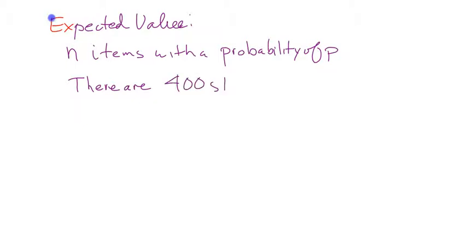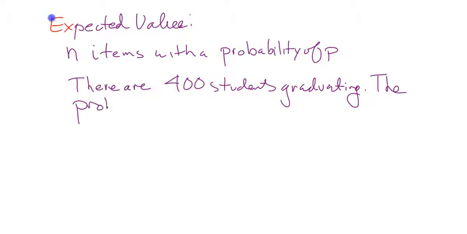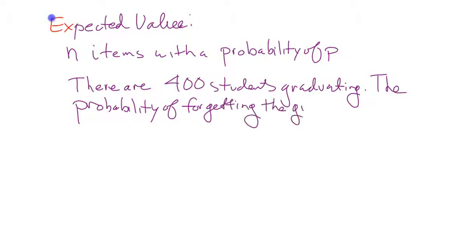So there are 400 students graduating, and the probability of forgetting the grad gown is 0.1%. How many will forget?